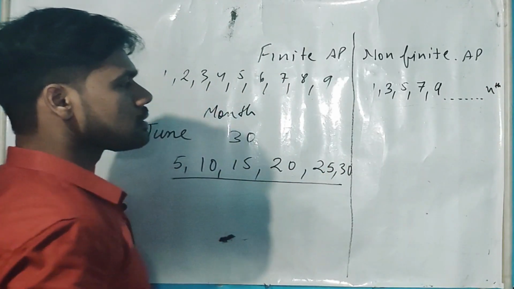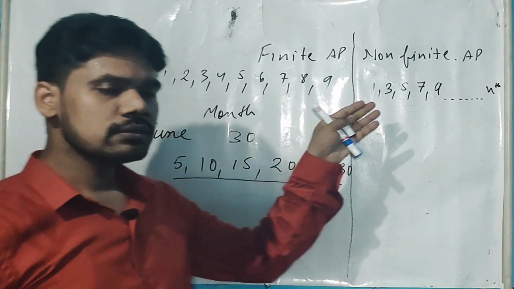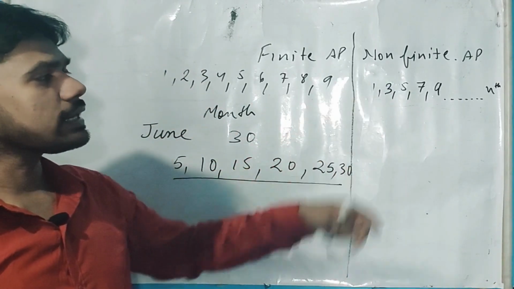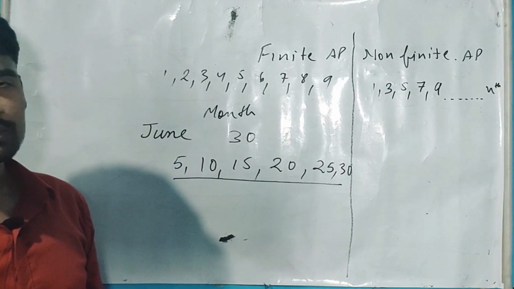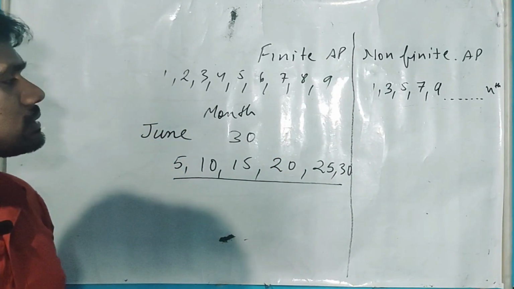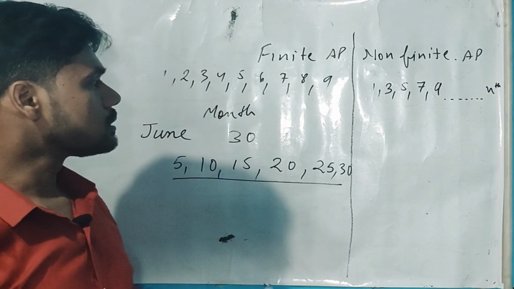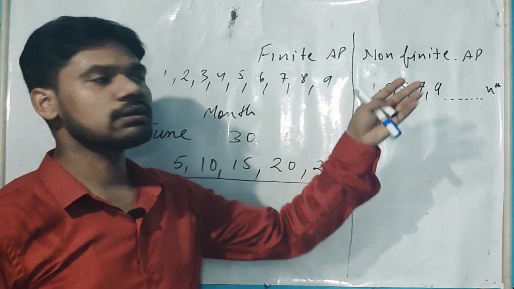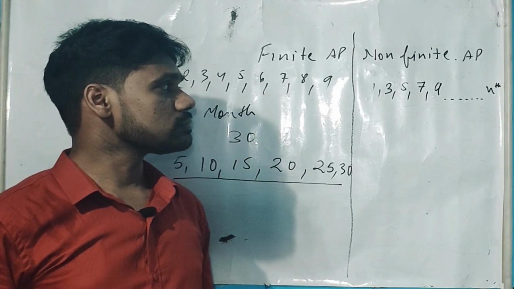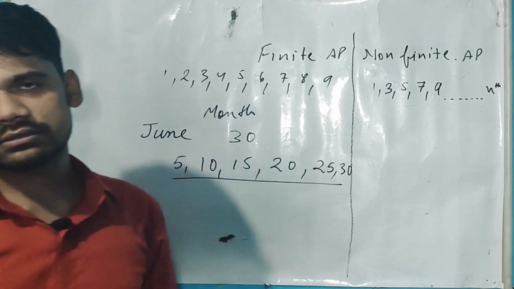It means there is no end. There is no end in the non-finite AP, because we know that the numbers are never ending. In the same way, the odd numbers are never ending. So this one is also called a non-finite AP pattern.